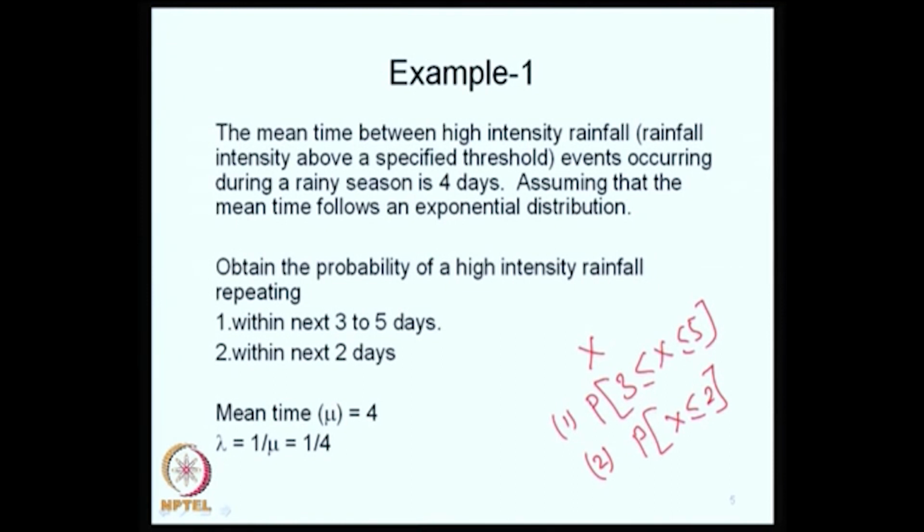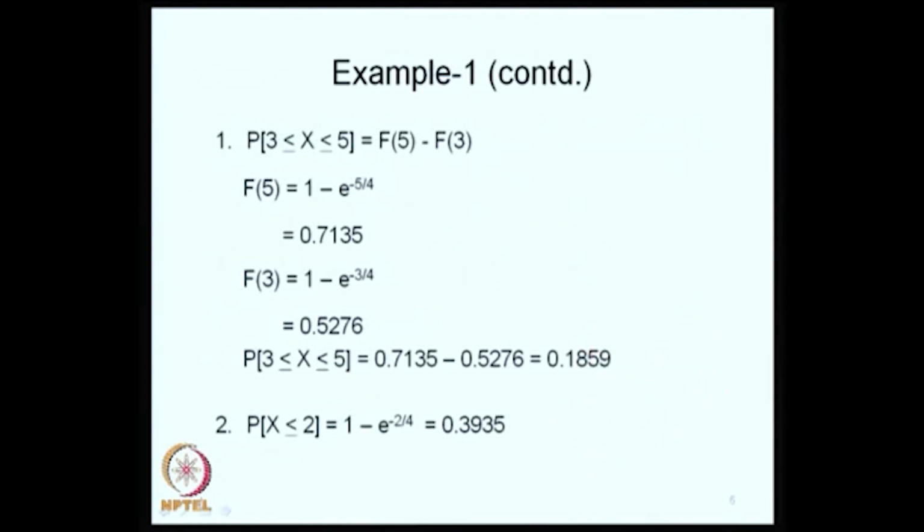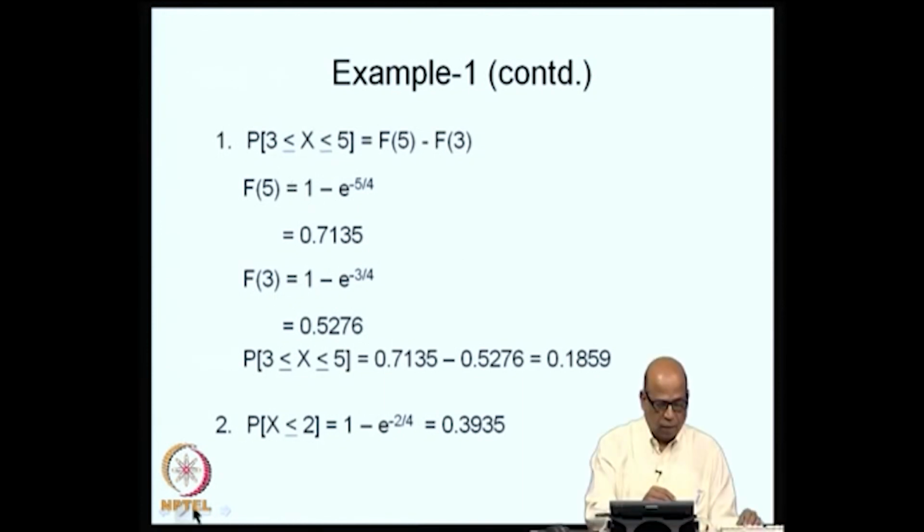Now, we will use the exponential distribution here as given in the problem. The mean time is 4 days, and lambda is estimated. Remember, the exponential distribution has only one parameter, lambda, and lambda is estimated by 1 by mu, which is equal to 1 by 4 in this situation. So, from this we get the probability of x lying between 3 and 5 as F of 5 minus F of 3, from our fundamental principles.